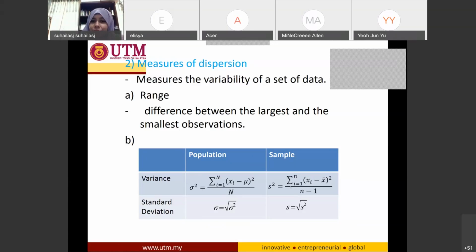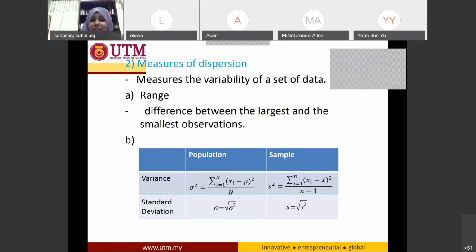But if you have sample variance, S square, you have summation Xi minus X bar, square the value, divided by N minus 1. Different dia dekat N minus 1. Kalau variance, population variance, summation Xi minus mu square divided by N. Kalau S square, sample variance, summation Xi minus X bar square divided by N minus 1.